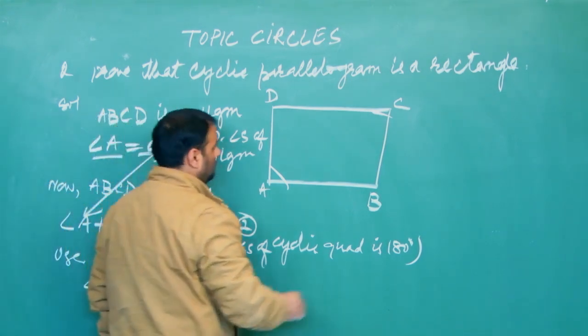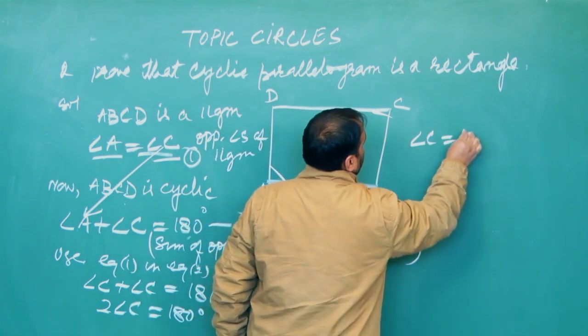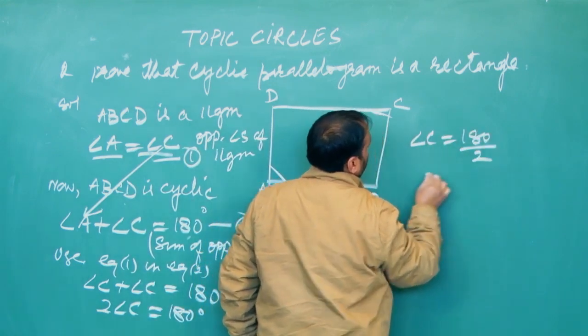On transposing, we find angle C is 90 degrees.